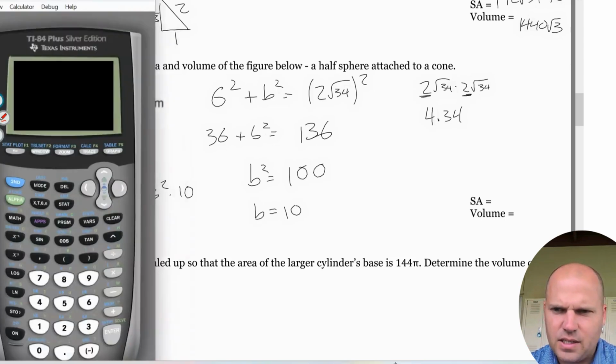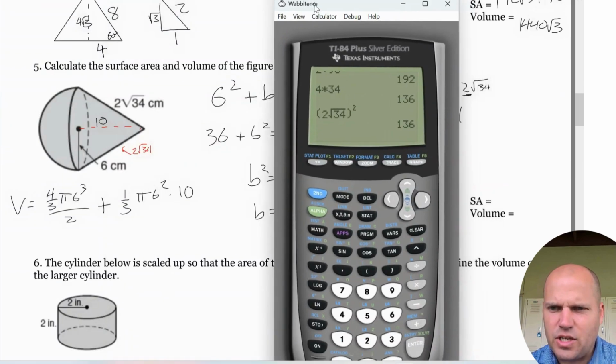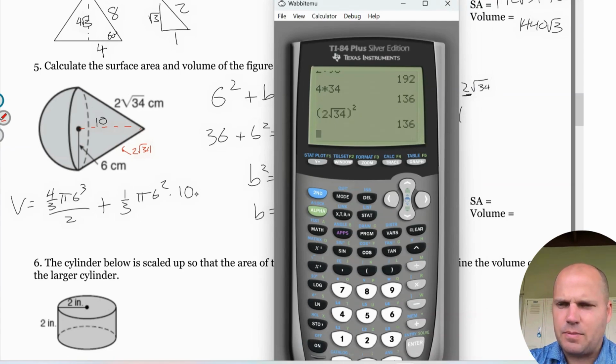Let's do that. Again, I'm just adding my hemisphere, which is half of the sphere, and then the cone, 1/3 area of the base times the height. So this is 4/3 pi r cubed over 2, and this is 1/3 of the area of the base times the height. Same for a pyramid.